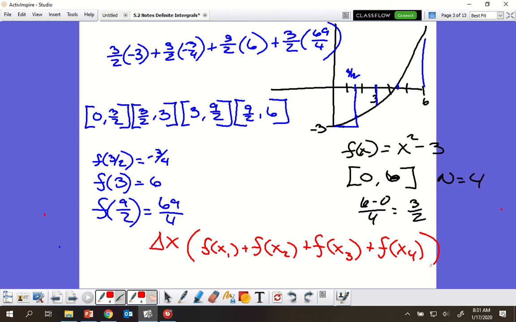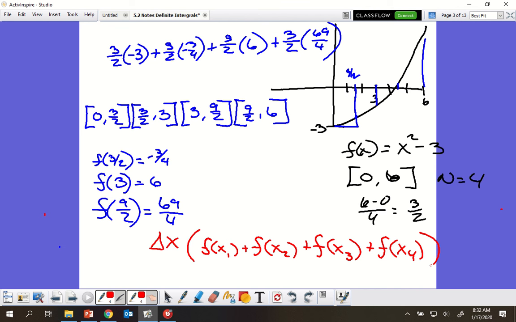Now, if I had more intervals, if it said n equals 10, I would actually just have to have 10 of these, right? So it would have to go all the way out to my 10th interval. Okay. So mathematically, I could just pull out that 3/2 now, can I?